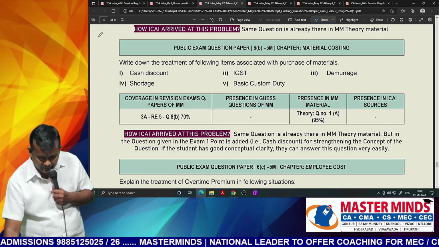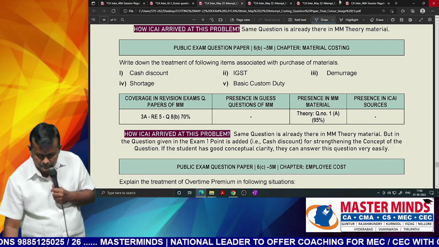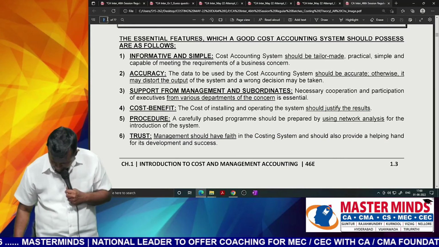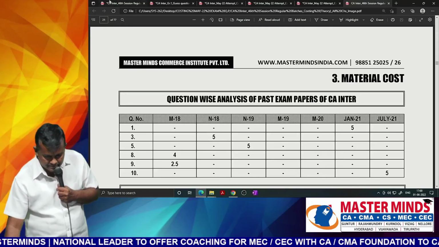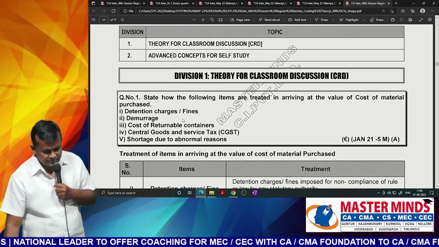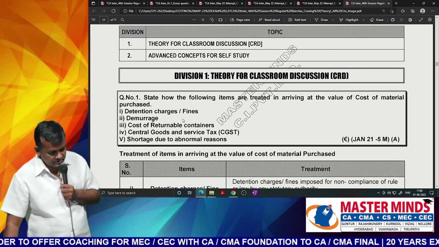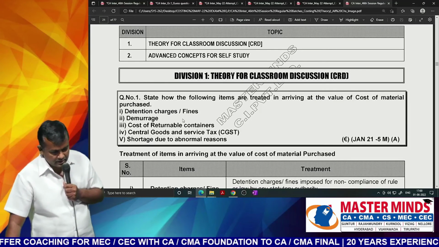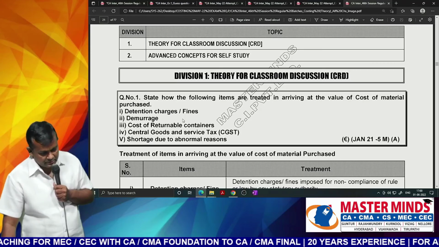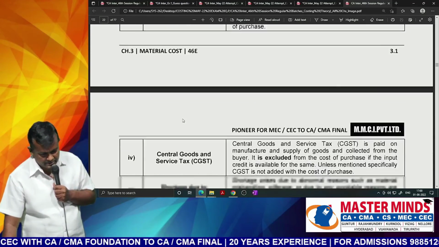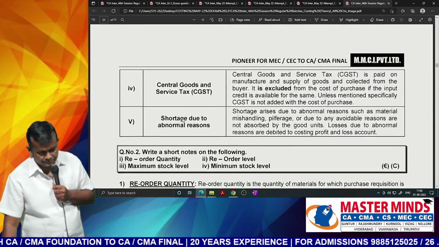Right. So here detention charges or fines, demurrages, cost of returnable containers, central goods service tax. Next shortage due to abnormal reasons. So these are the items.